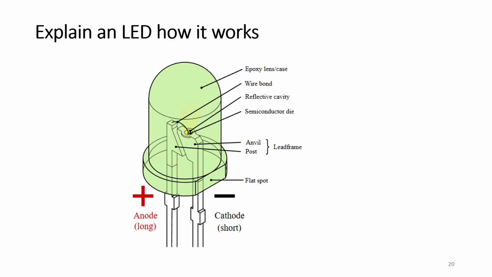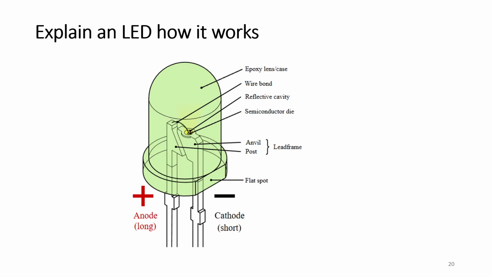In operation, when a forward voltage is applied, with the anode connected to the positive supply and the cathode to the negative supply, current flows through the lead frame into the semiconductor die and out through the wire bond.